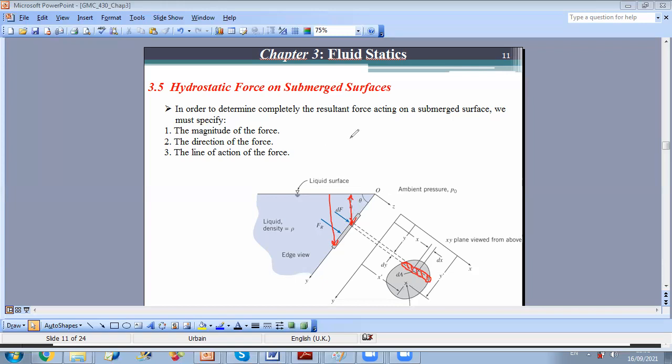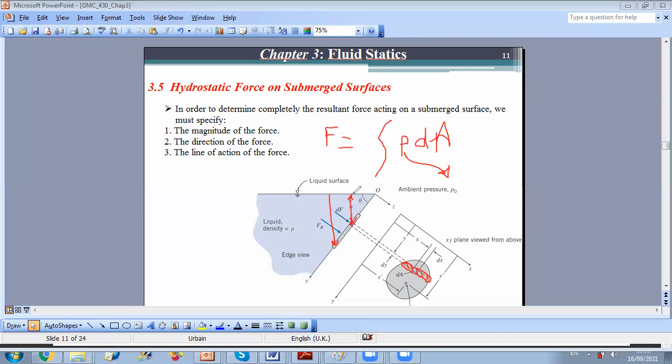This is why when I put that the total force is the integral of P dA, I will integrate in depth. Every time I go down, the height changes, and the pressure changes. So I will express the pressure as a function of the height.